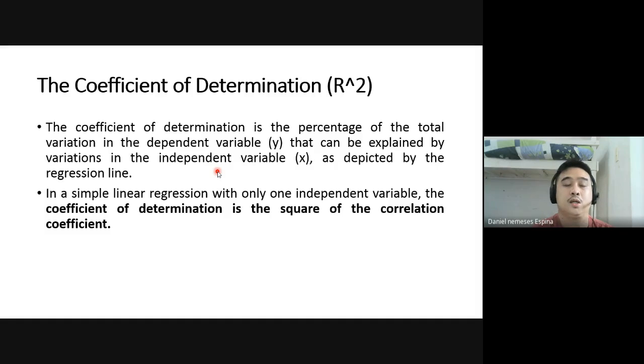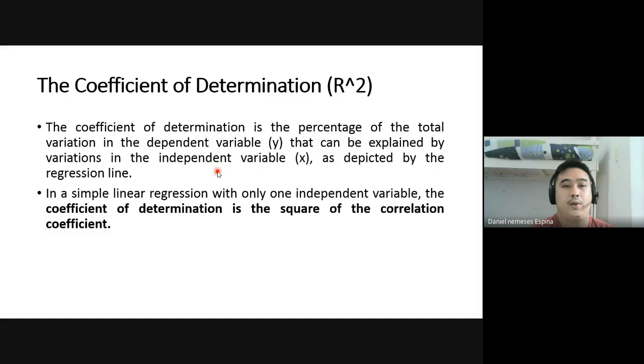So 90% lang ang impact ni price sa quantity demand. But the rest of the variables, the 10%, ang rest of the variables katong 10%, mao na maka-explain sa 10% impact sa quantity demand.